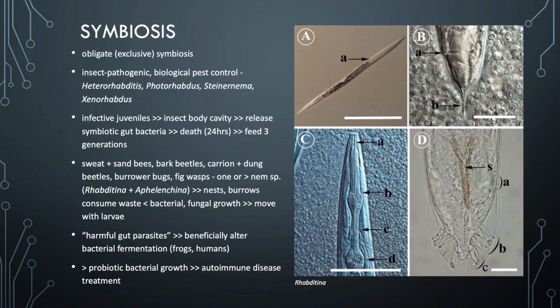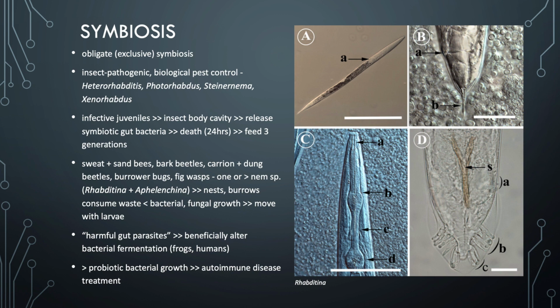Before we get into their role in soil ecosystems, I think it's worth a mention that many nematodes are very symbiotic with other organisms. Oftentimes, this relationship is based on parasitism, and many are obligate symbionts or parasites. That means living exclusively within other organisms.